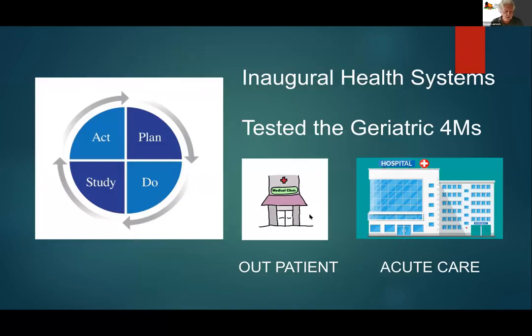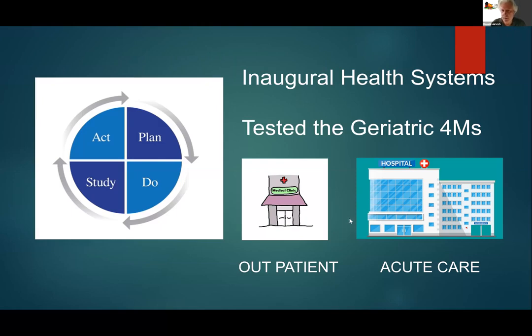So in order to test this idea, there was a half dozen healthcare systems across the country, some larger, some smaller, that tested through the Plan, Do, Study, Act cycle whether these geriatric 4 M's worked as a set for evaluating and managing patients in both the outpatient and acute care setting. And so they reported back after a couple of years as to what the results were. Many of these were demonstration projects.